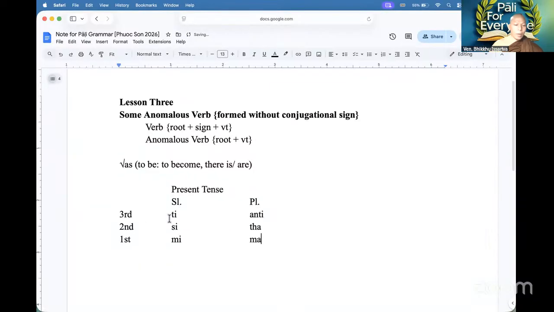So now with the root us, now I will add. So root us. So at the time, you see, the first one is us, ti.